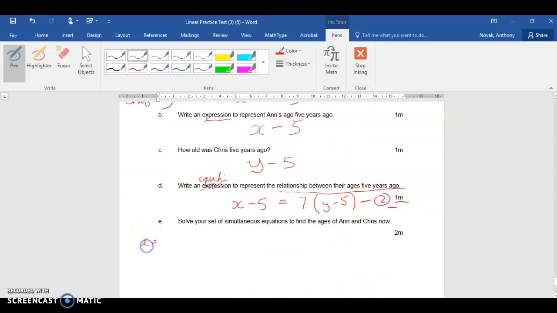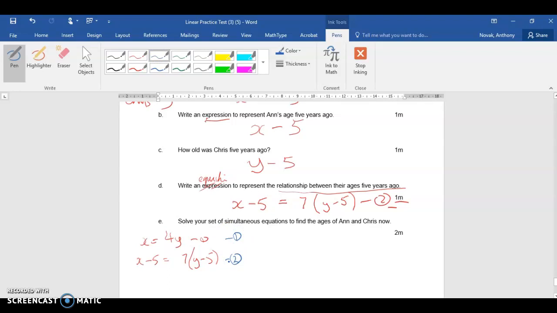We have x equals 4y, that's equation 1, and we have x minus 5 equals 7 times y minus 5, that's equation 2.